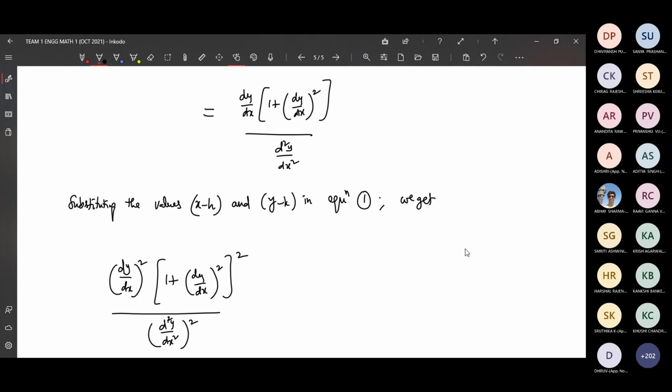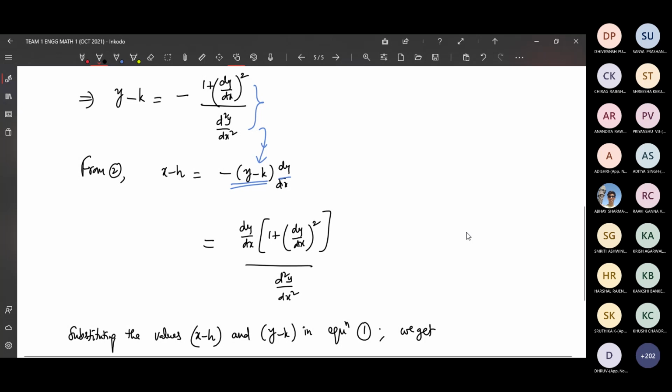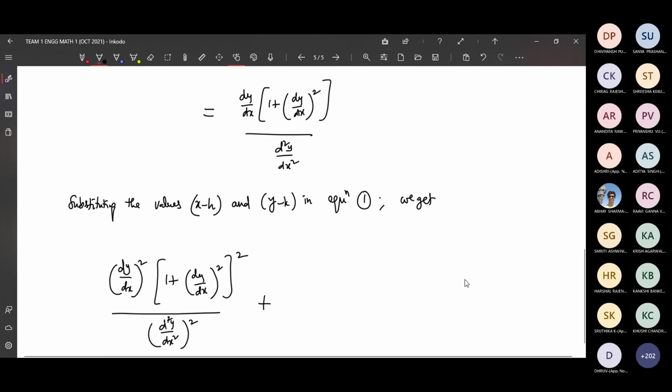This is all x minus h whole square plus y minus k whole square. Y minus k already has minus, therefore when you are squaring it, you are ignoring the minus sign here. So plus 1 plus dy by dx whole square, because of y minus k whole square by the denominator d square y by dx square whole square. The right side as usual a square.